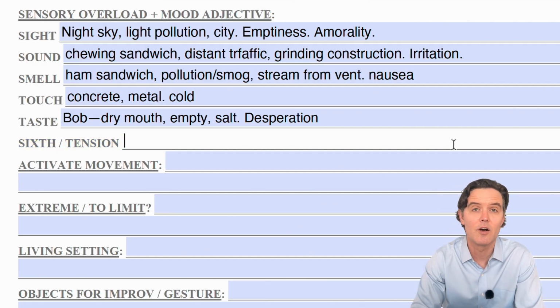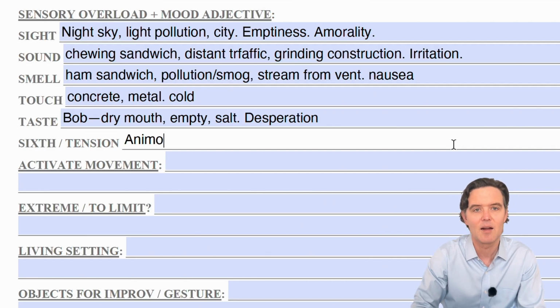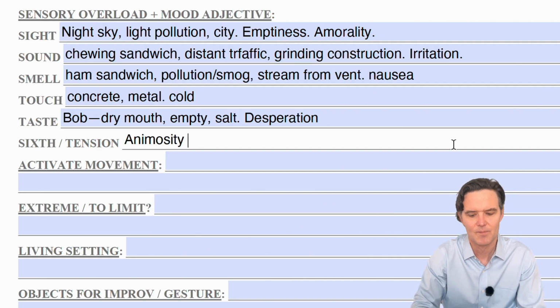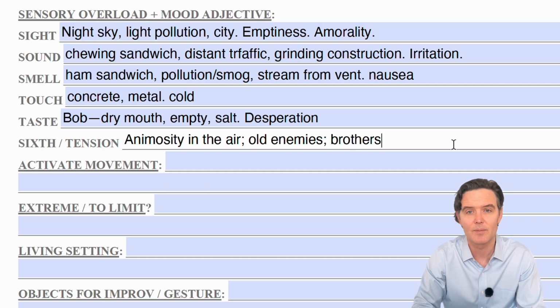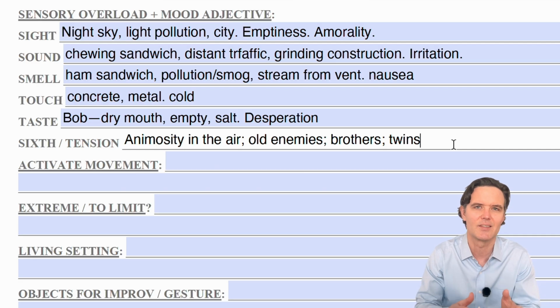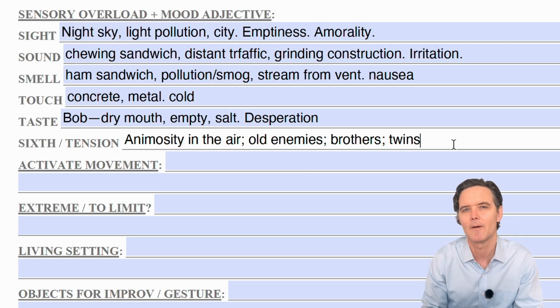I'll have a whole other video on how to build characters, and I'll be sharing my character sheets, little bits at a time. But for now, let's just say that there's animosity in the air, that perhaps Bob and Bill aren't strangers, but old enemies. Maybe they're brothers. That always jacks up the stakes if they have an actual relationship. Oh, twins. How about that? That's a strange sort of additional emotional layer. And the sixth sense tension category can help you get there.